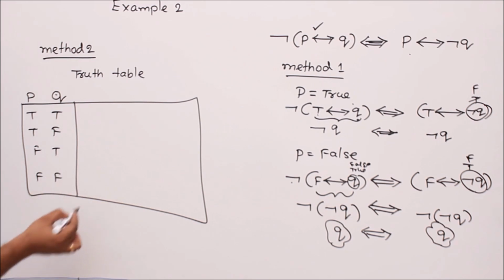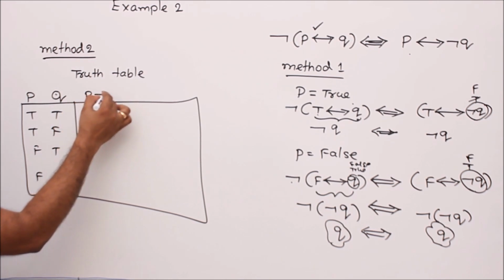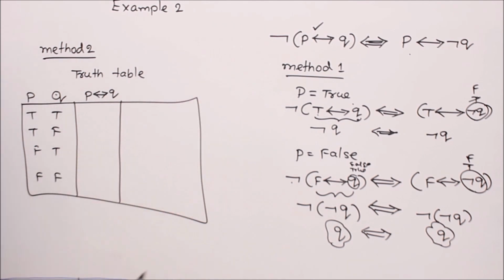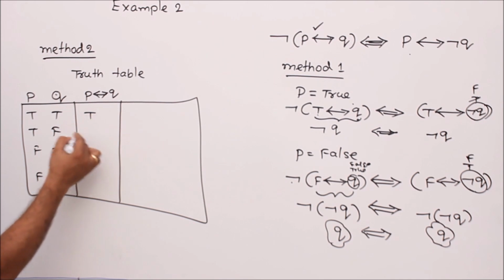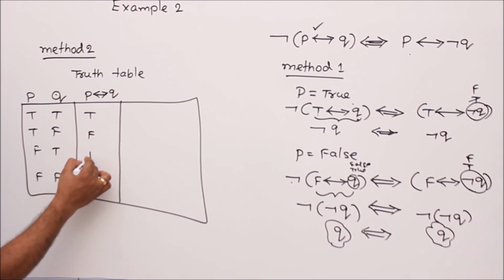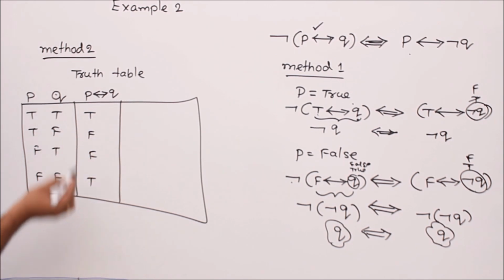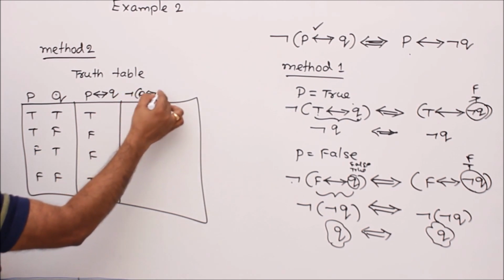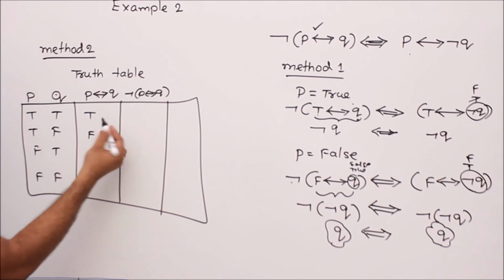Now we have to check p double implies q first, right? So systematically I will come to negation of p double implies q. Before that, let me do p double implies q, that is true, false, false and true. Truth table of double implication. Then go to negation of p double implies q, which is nothing but opposite of p double implies q.